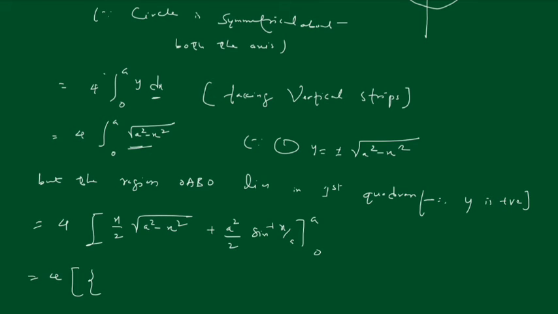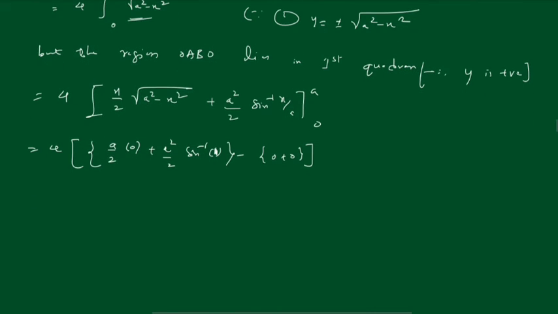applying the upper limit, x equals a, this term becomes 0, plus a square by 2 sine inverse of 1, minus 0 plus 0. So what we get here is 4 times a square by 2 sine inverse 1, and sine inverse 1 is pi by 2.